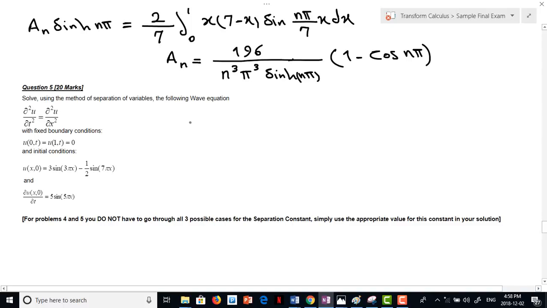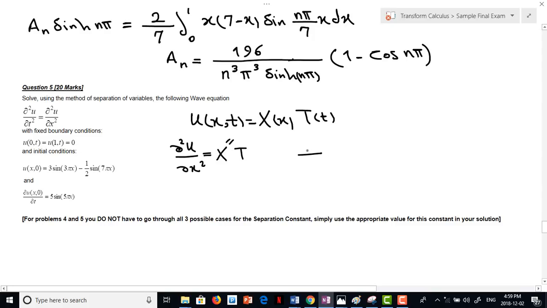So we say that u of x and t is equal to X of x times T of t. As a result, if I find the second derivative of u with respect to x, it's equal to X double prime T. The second derivative of u with respect to t is X T double prime. Now I can plug it in the equation.